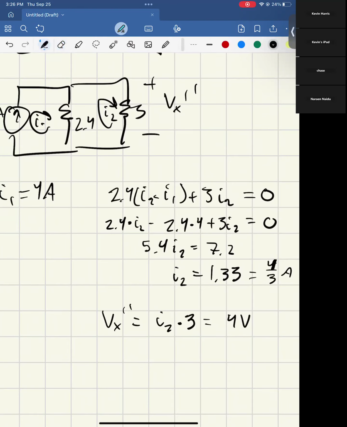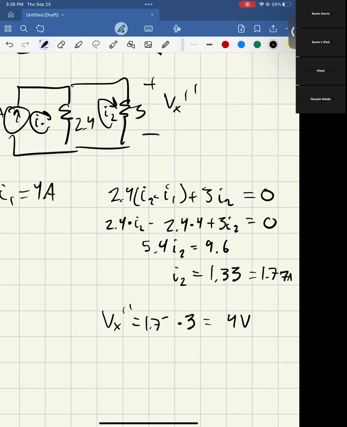So this is supposed to be 4, and then 2.4 times 4 is going to get us 9.6. Yeah. And then if we do 9.6 over 5.4, we get 1.77 amps.